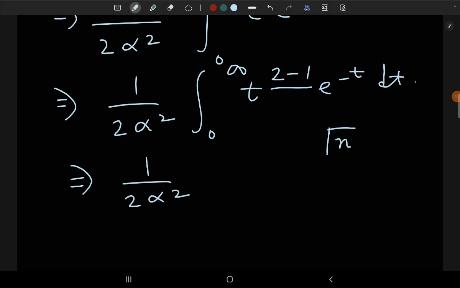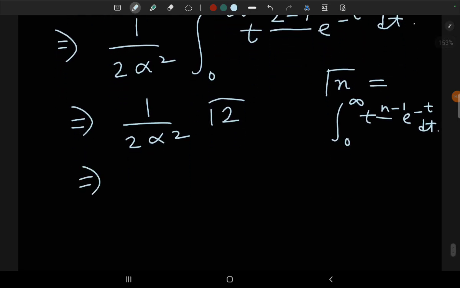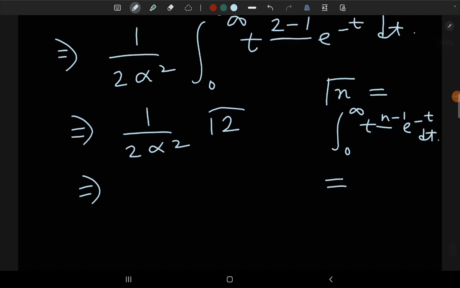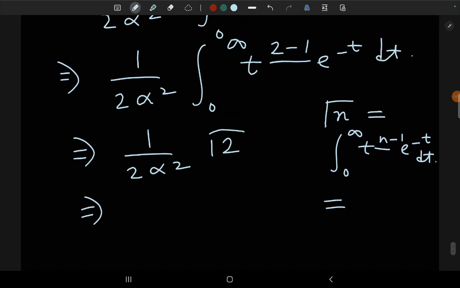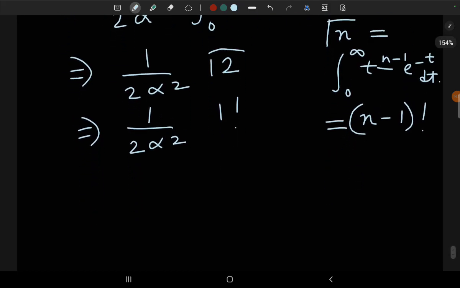Gamma of n is defined as the integral 0 to infinity of t to the power n minus 1 e to the power minus t dt, right? If you compare, n is here 2, and this is gamma 2. There is a very special way of writing the gamma function: gamma of n can be written as n minus 1 factorial. So this is 1 by 2 alpha squared into gamma of 2, which is just 1 factorial.